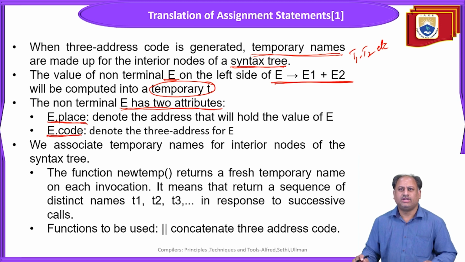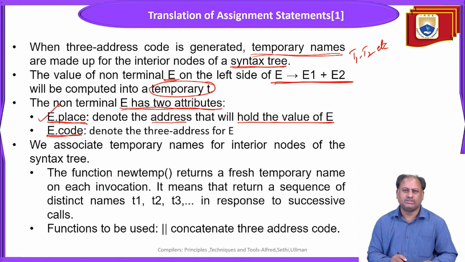E dot place defines the address holding the value of E. What is the place value? It is the address that holds the value of the non-terminal variable E, and that is denoted by the notation E dot place.